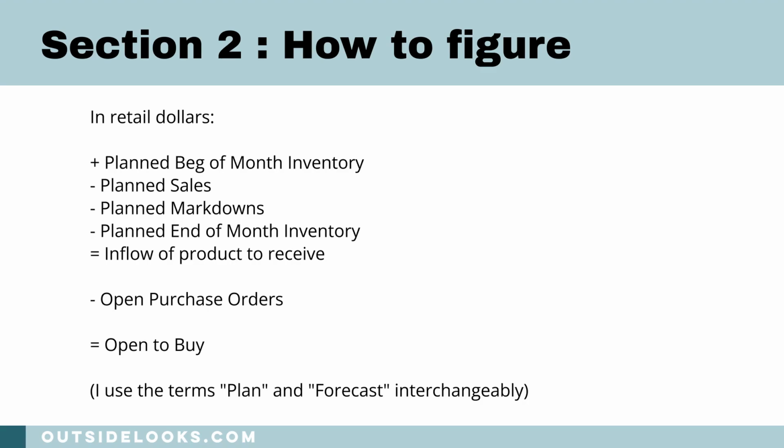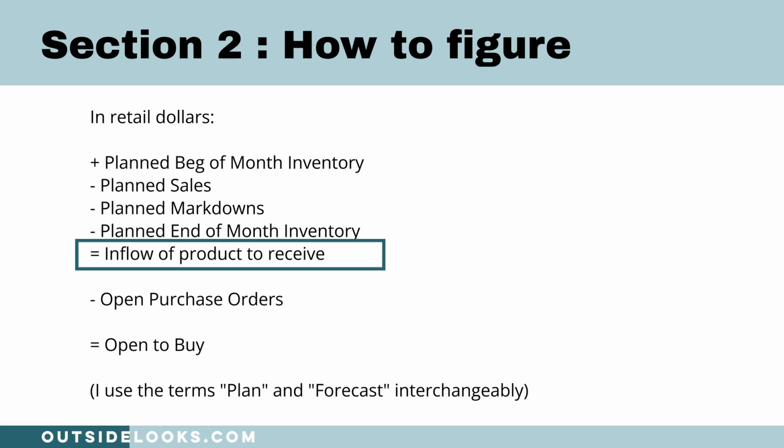Now, when we go to figure and use the equation of open to buy, we start with our beginning of month inventory as a positive number. We take away sales, we take away markdowns, and we take away our planned end of month inventory, which is our target, our goal, our forecast.